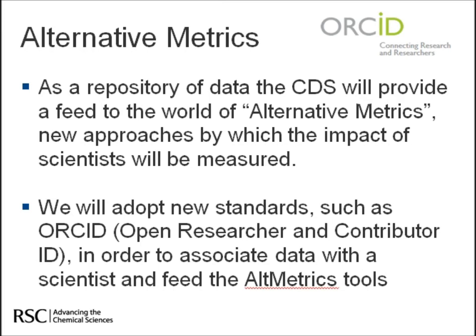We will adopt new standards, such as the Open Research and Contributor ID, the ORCID, and this will help us associate all the data that's necessary to feed the altmetrics tools that are becoming available.